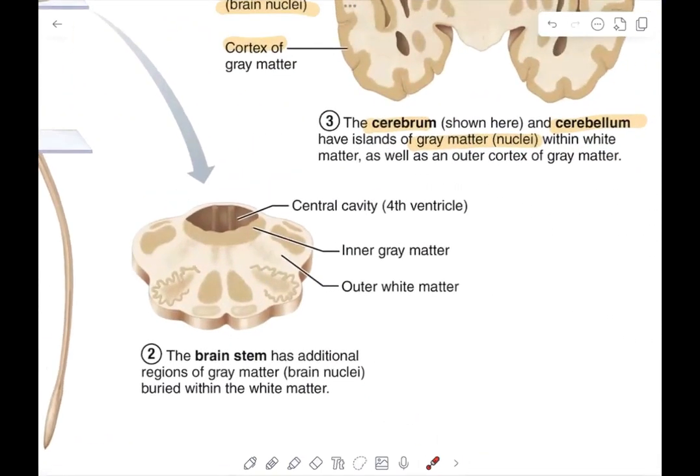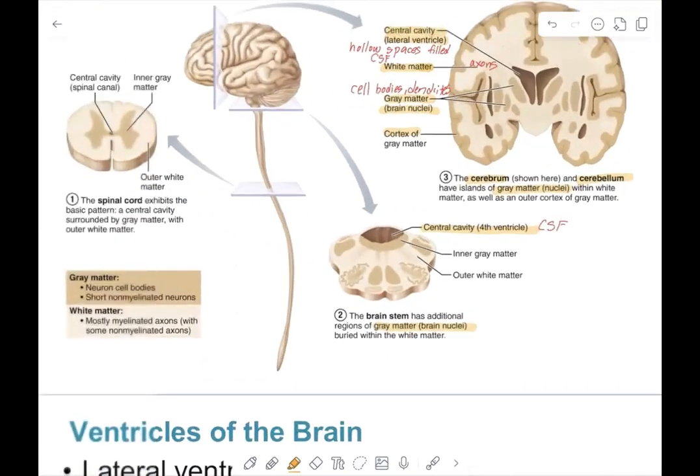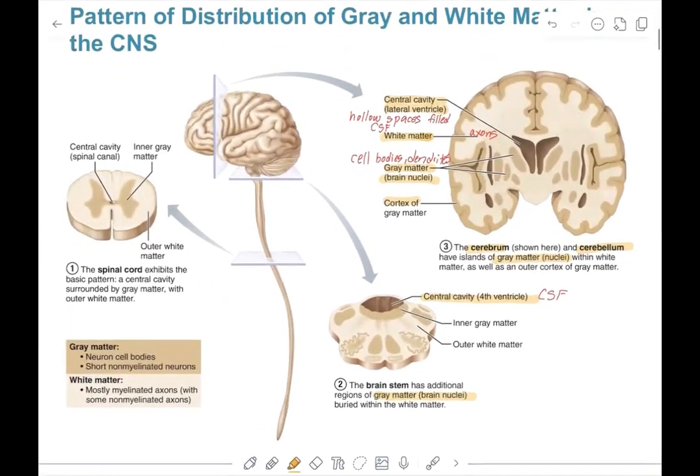You'll see this image later on in the lecture notes. There is a central cavity, which is the fourth ventricle. And again, that is filled with cerebrospinal fluid. There's inner gray matter and outer white matter. But the brain stem has additional regions of gray matter, brain nuclei, that have specific functions, as you'll learn about later on in the lecture notes.